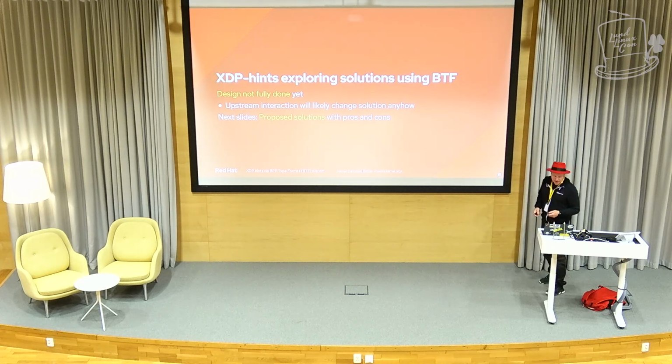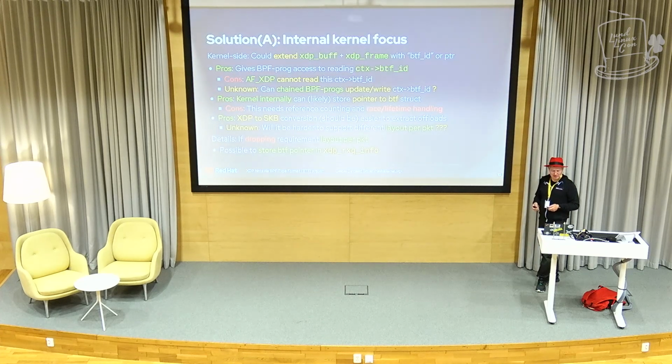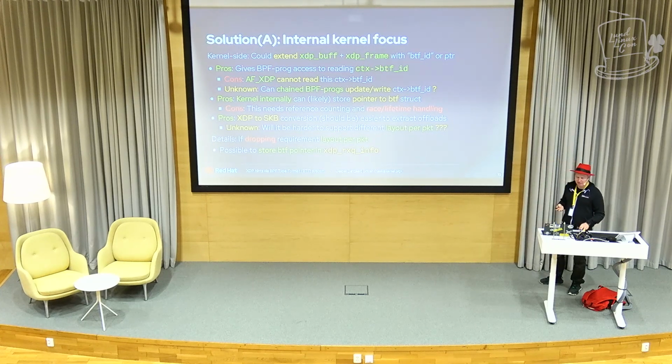So, exploring different solutions. These ideas are not fully formed, and I will likely get hit on upstream. The first one is internally focused, where we extend the XDP buff and the XDP frame with the ID or a pointer directly to the BTF.